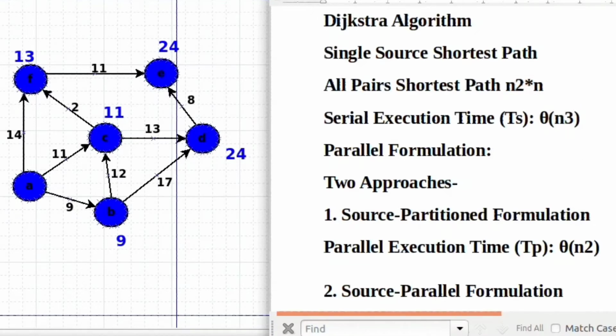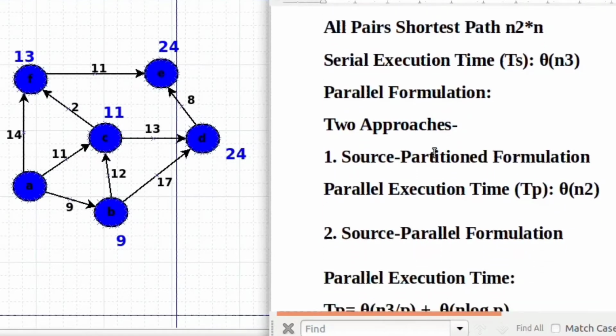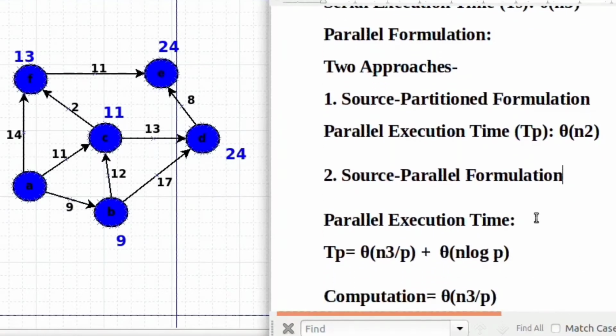Now see, we'll see parallel formulation. So there are two approaches. One is source partition formulation and another is source parallel formulation. So in source partition formulation, we have a separate process for each vertex. One process applies Dijkstra algorithm for this vertex and finds the shortest path to all the other vertices.